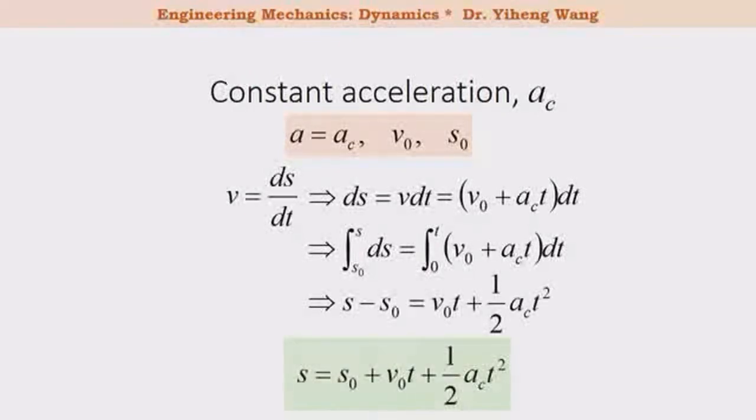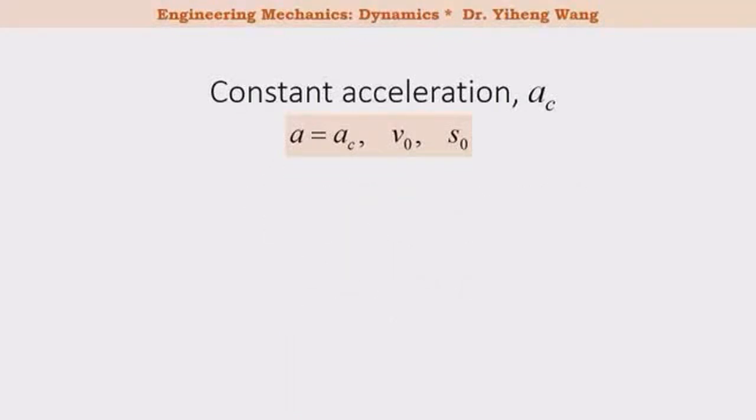We get this formula: the position of the object equals its initial position s0 plus initial velocity v0 times t plus 1/2 times constant acceleration a_c times t to the second power. Again, in this equation, only s and t are variables. All the other coefficients are constants. This equation allows us to determine the position of the object as a function of time.